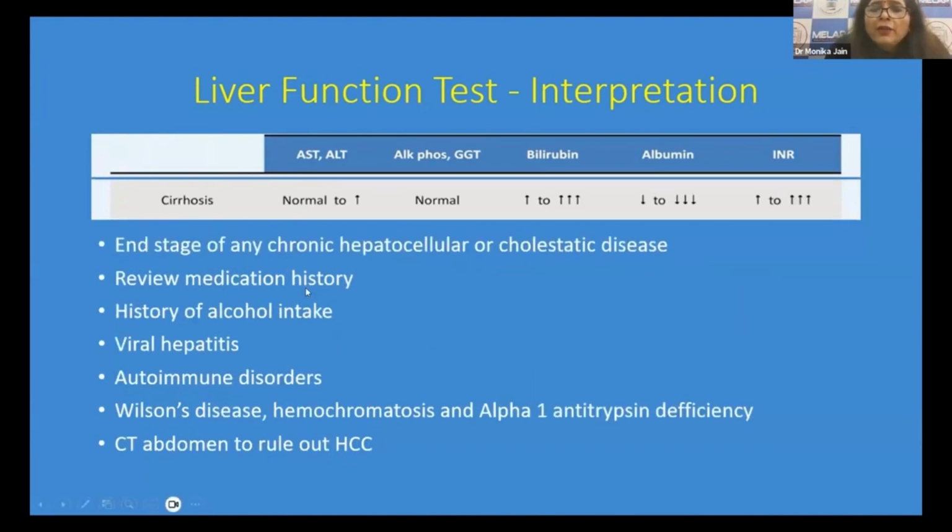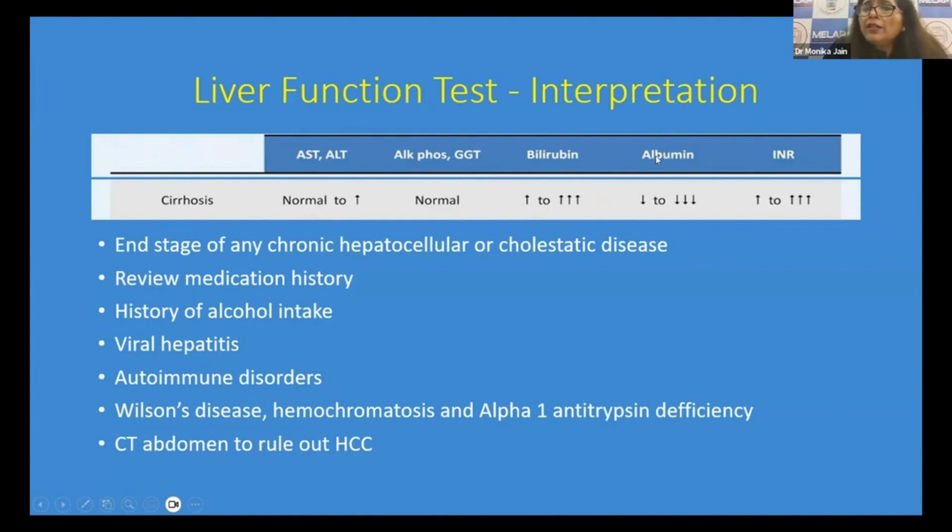Then the end stage of any chronic hepatocellular or cholestatic injury: if a patient is coming with cirrhosis, that is the final end result of any type of injury. In this, we can have normal or raised ALT, AST, alkaline phosphatase may be raised, bilirubin may be normal in the compensated state and can increase in the decompensated state.